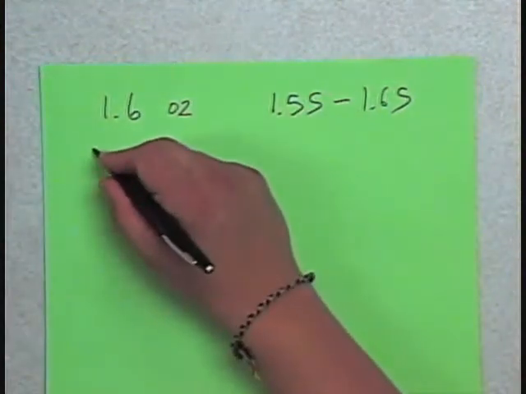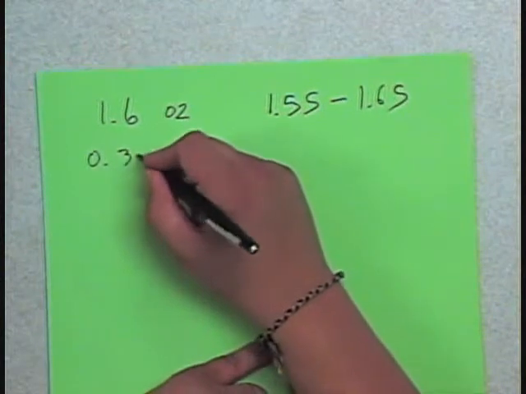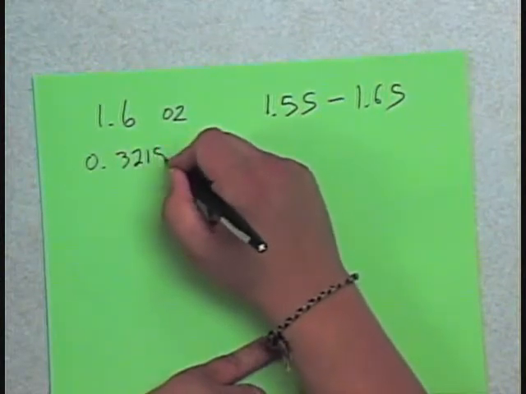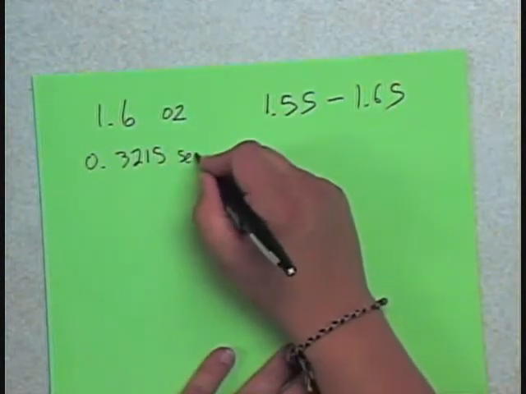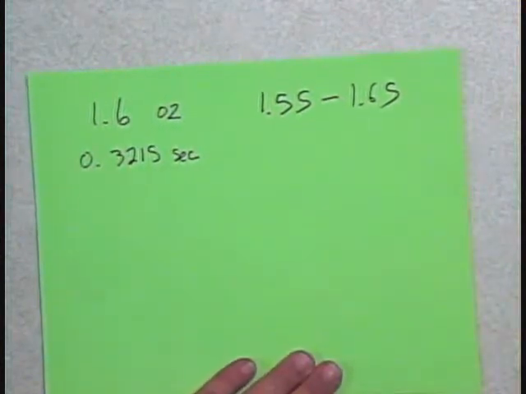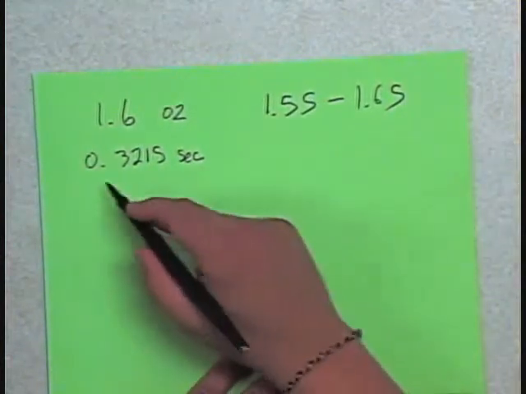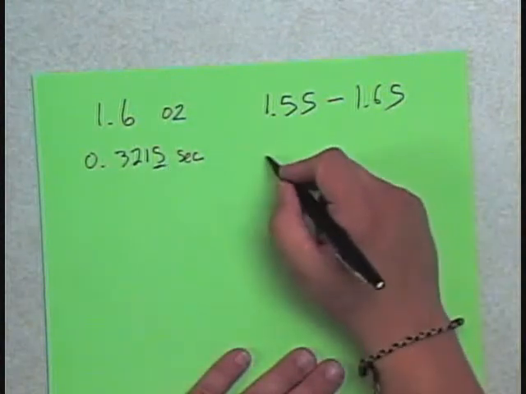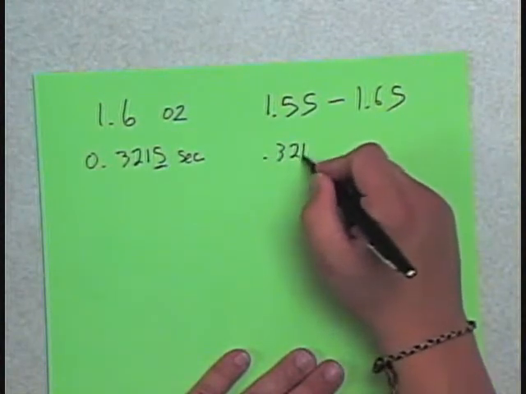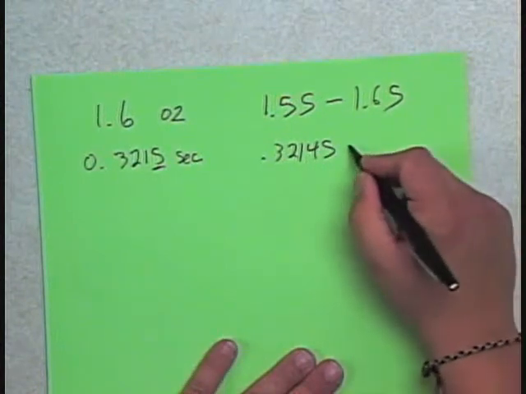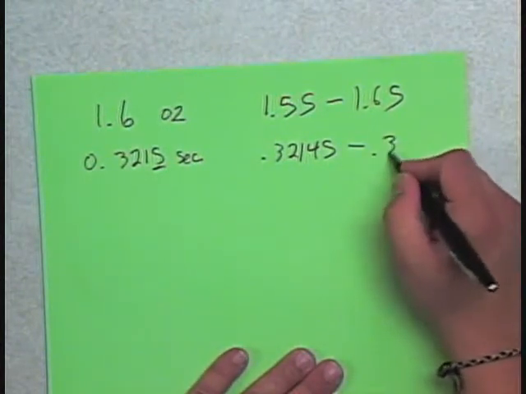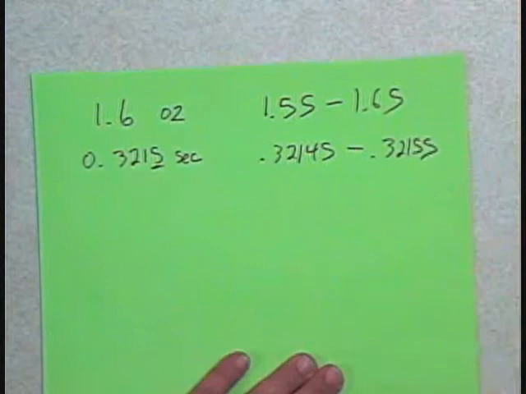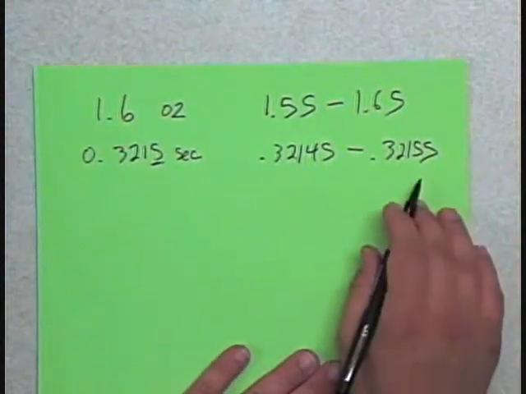Okay, so if I had 0.3215 seconds, then I would rewrite this whole number, but I would lower this 5 down, so 0.3214, add a 5, and then I would rewrite the same number and then add a 5. And these would be the boundaries.